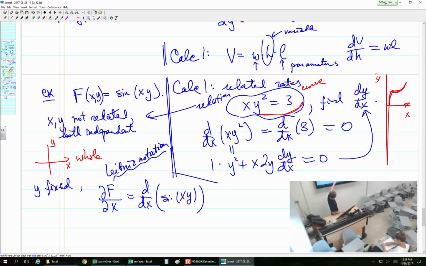But here I don't want to deal with a partial anymore. I declared y fixed. And here I'm indicating with the denominator of my derivative that I'm going to be doing differentiation with respect to x. And I just remember that y is constant. So in that sense, y serves as a coefficient, right? So how do we differentiate this with respect to x?